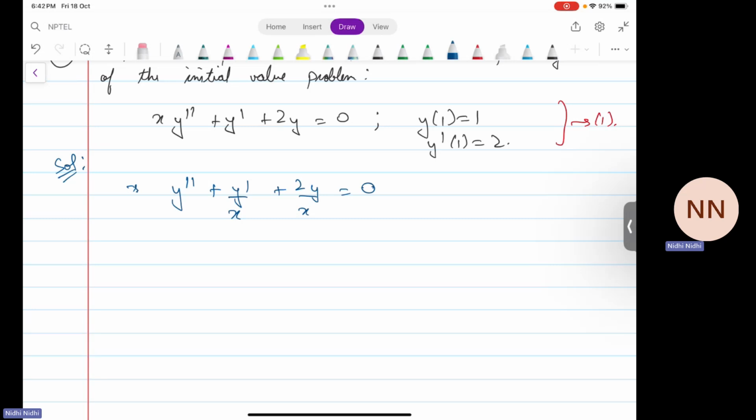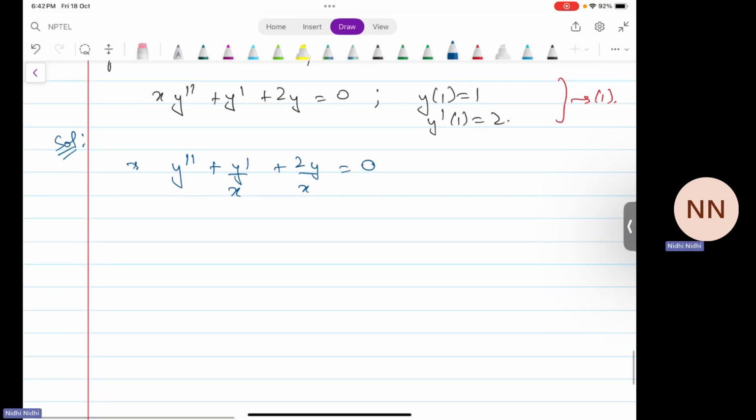So clearly x equals 1 is an ordinary point, so it is not giving us any singularity. Therefore, we can find a power series solution to problem 1 around 1. So x equals 1 is an ordinary point.